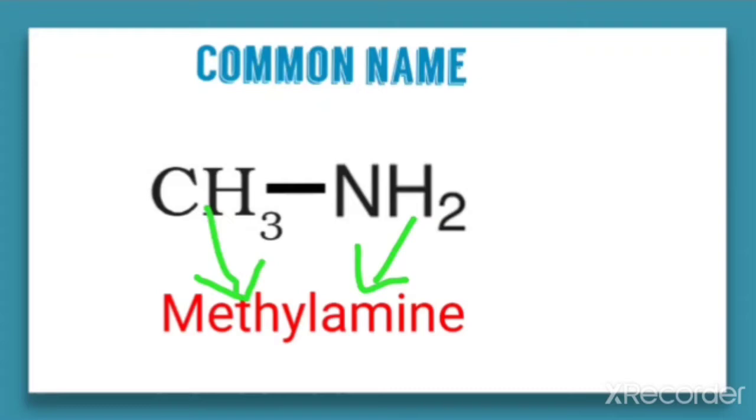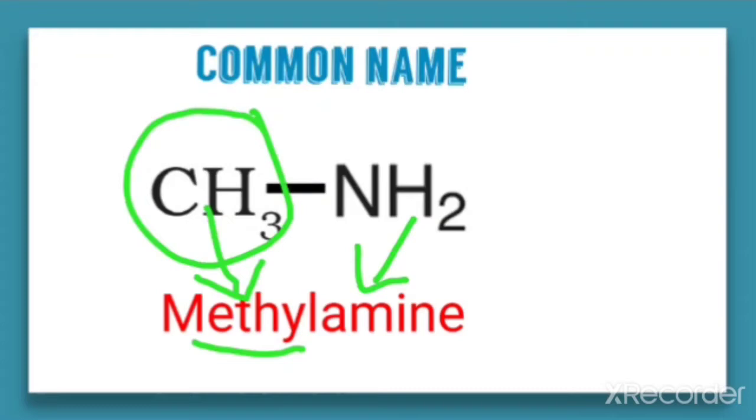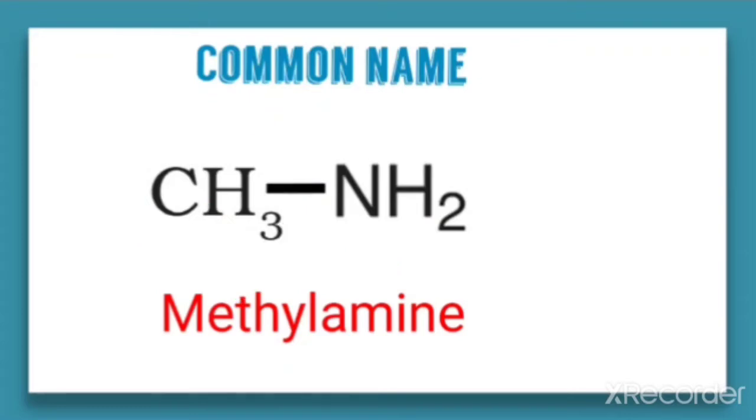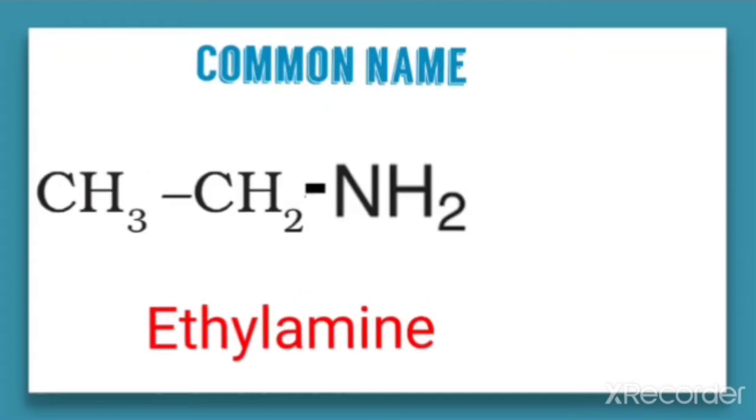So the suffix amine is added to the name of the corresponding alkyl group. Here methyl is the alkyl group, so the name of this is methylamine. That is according to the common system of naming. When we take another alkyl group like ethyl, so what will be the name here? Now the name will be ethylamine.